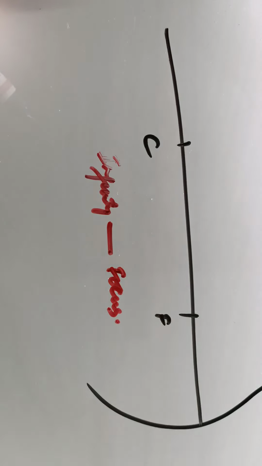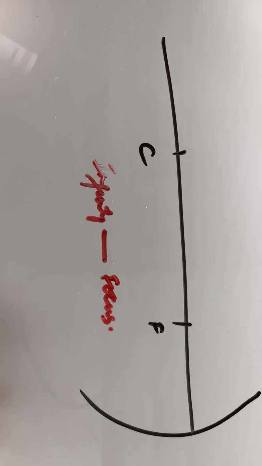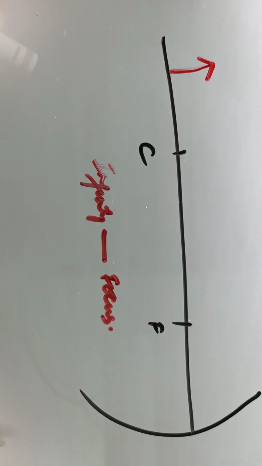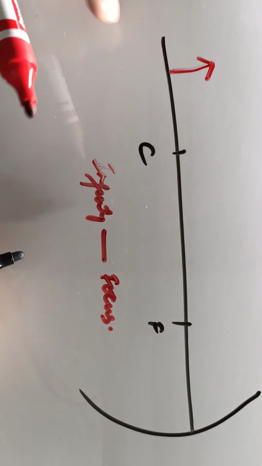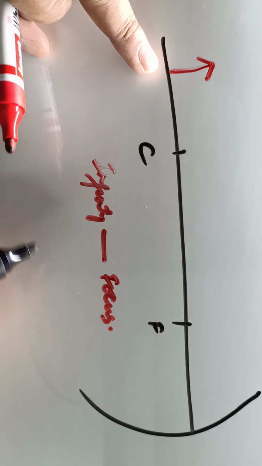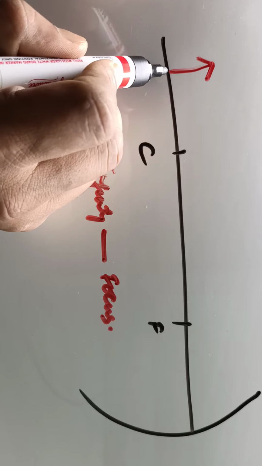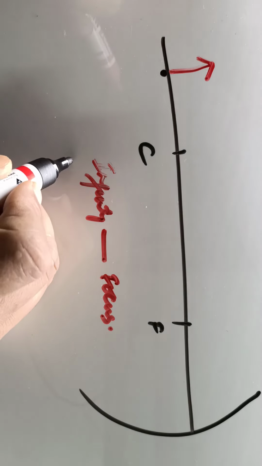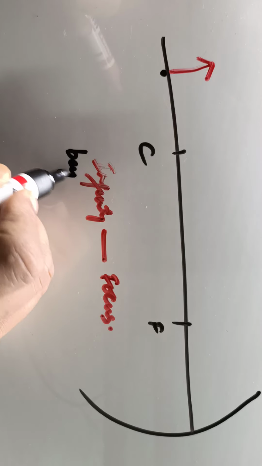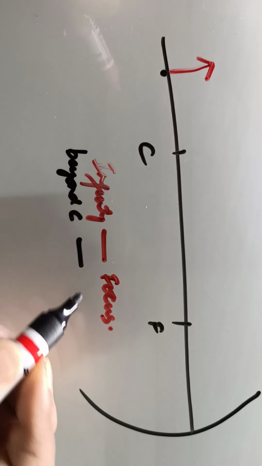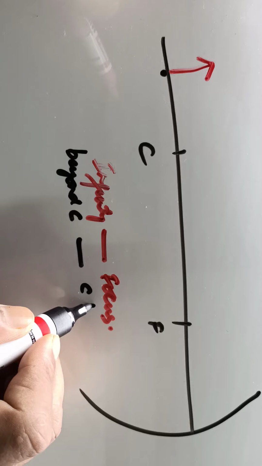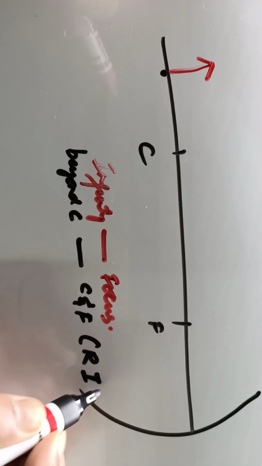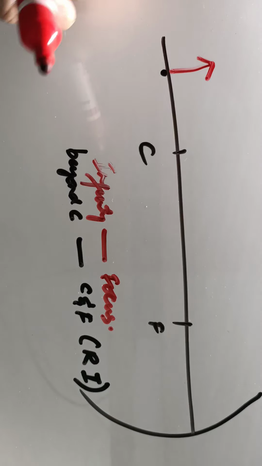From infinity we moved on beyond C. When the object was kept beyond C, the image was formed between C and F. In this case also it was real and inverted.